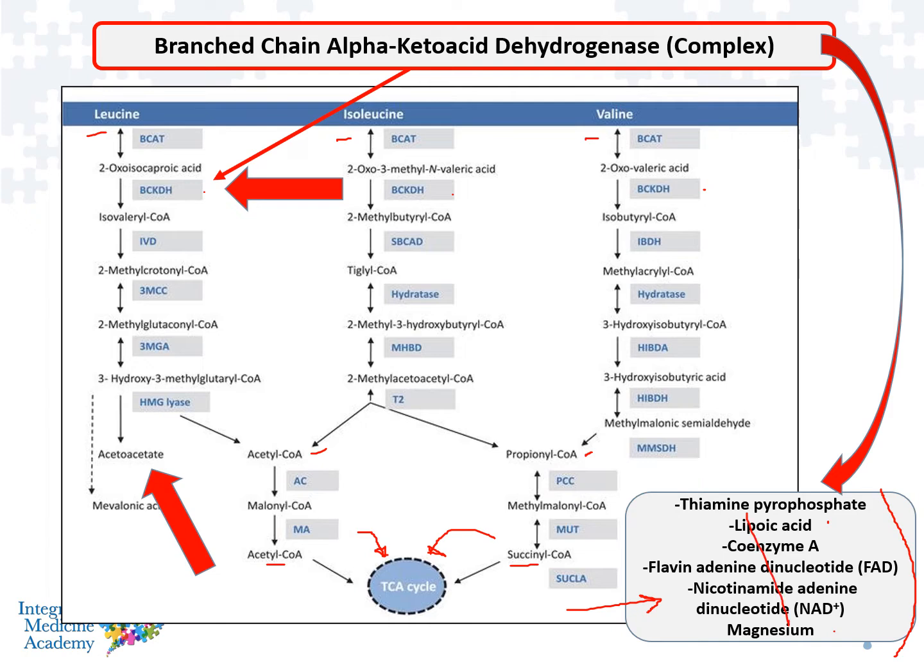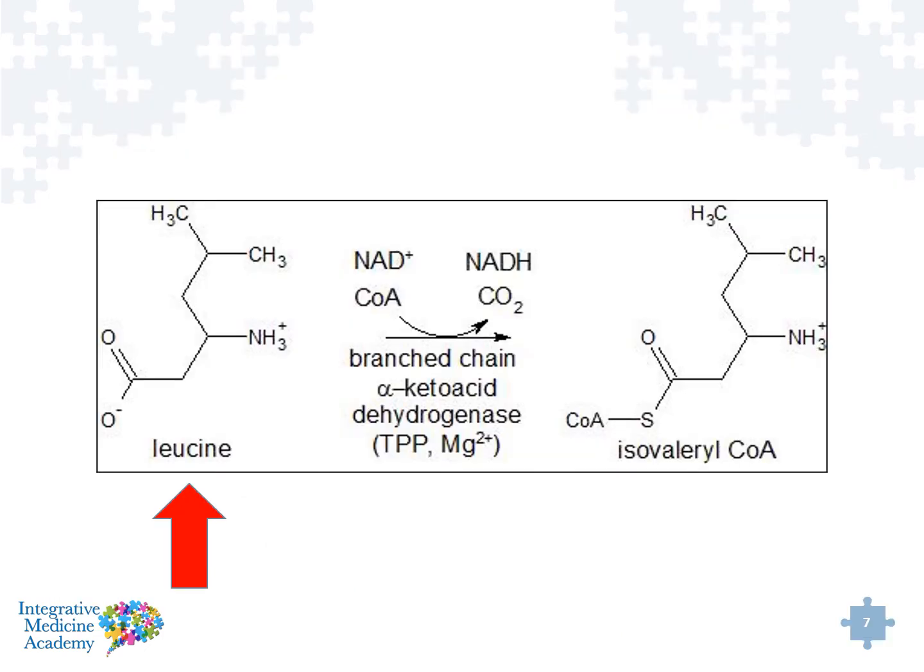So deficiencies in these could affect the branched-chain alpha-ketoacid dehydrogenase that would affect things downstream from a mitochondrial standpoint. Okay, so it's an enzyme complex. So alpha-ketoacid dehydrogenase is an enzyme complex that's dependent on these various nutrients.